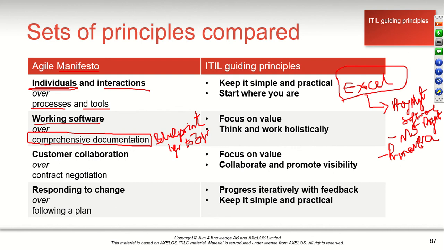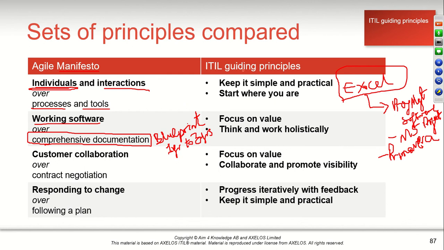There are some software like ERP applications that take up to three years to be implemented. Why? Because they are based on comprehensive documentation. And so a working software does not happen until three years after. But with Agile, you can have working software, so Agile prefers working software over comprehensive documentation.